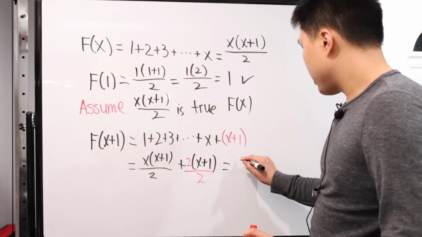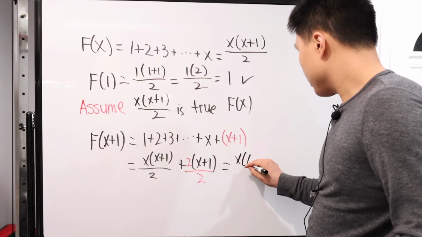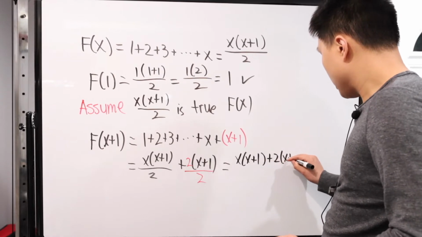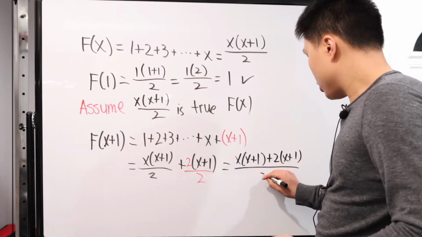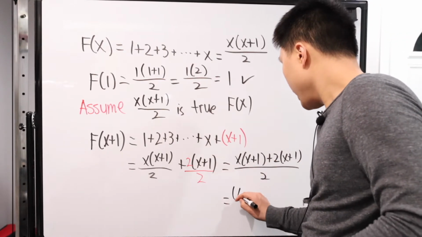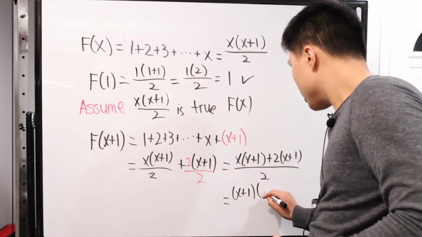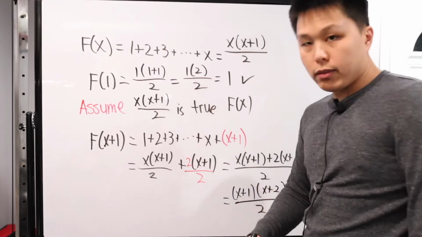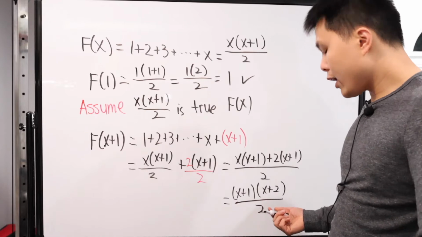And then afterwards, we basically have x times x plus 1 plus 2 times x plus 1 over 2. And then you factor out the x plus 1, you have basically x plus 1 times x plus 2 over 2.